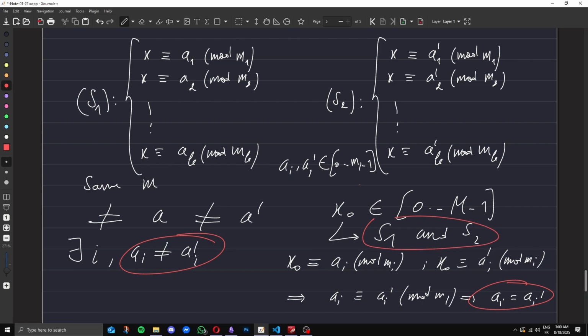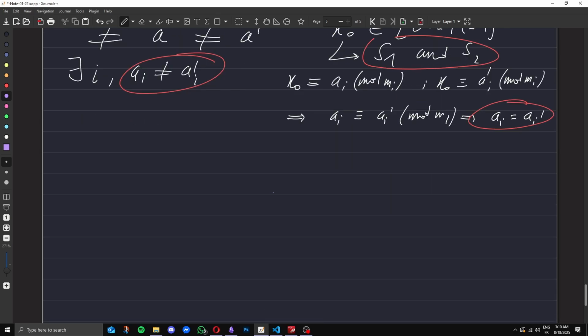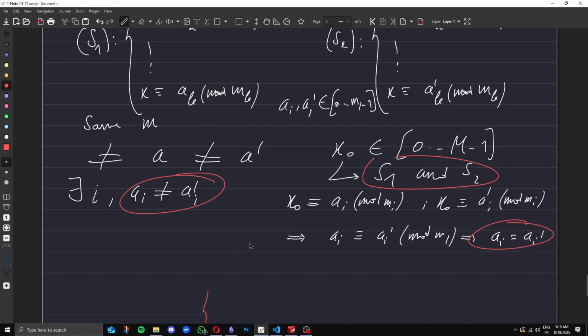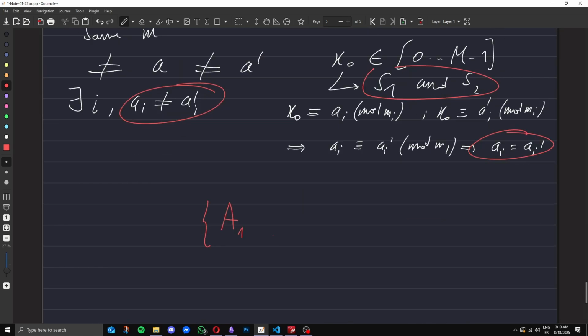So x0 cannot be simultaneously a solution for two systems that have different combinations of remainders but the same moduli. This in turn means that we have a sort of bijection here. Okay, so let's say you've got a set of all the possible combinations of the remainders a1, a2, until am.